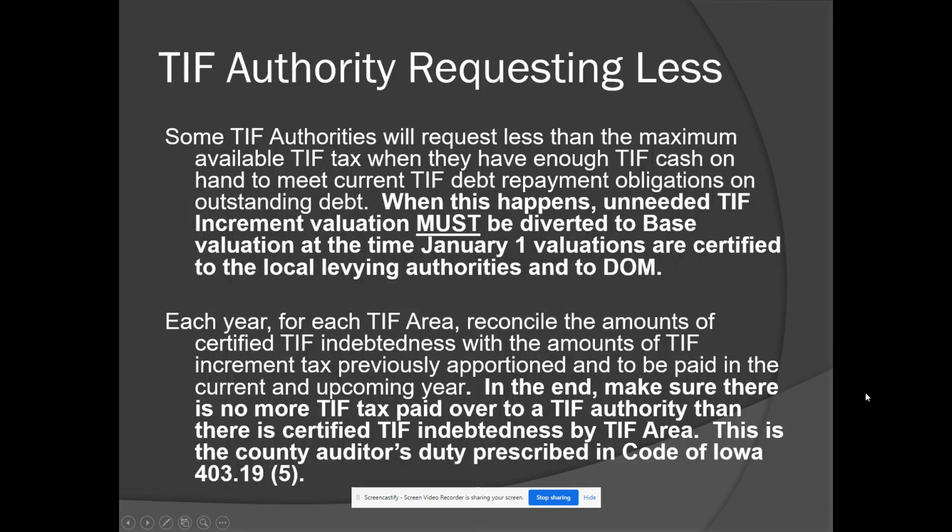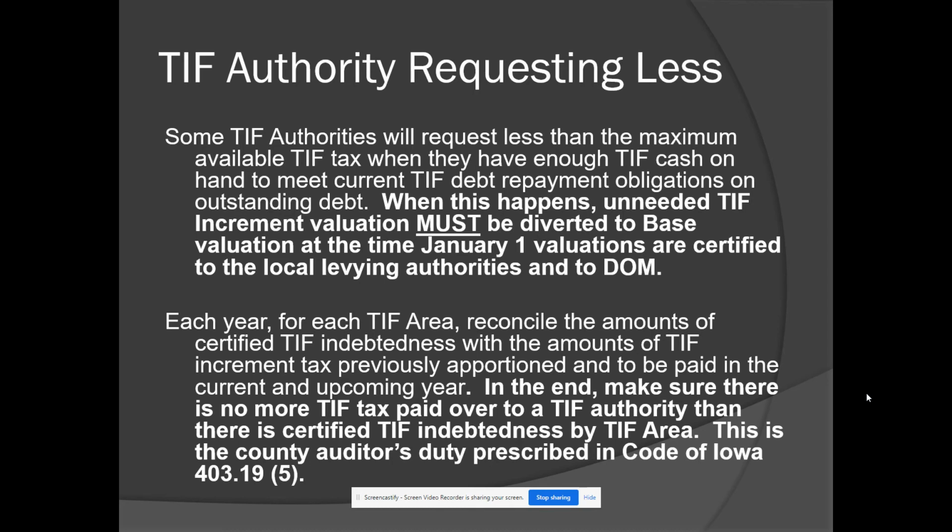So just keep in mind when TIF revenue is calculated that there are those particular debt service and school rates that need to be taken into account because they will not be used to generate TIF revenue. And again, some TIF authorities do request less than the maximum available TIF tax when they have enough, say, fund balance, when they don't have the debt that's required to support requesting all the dollars.